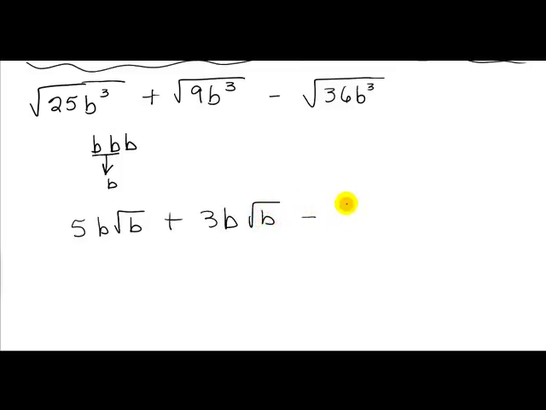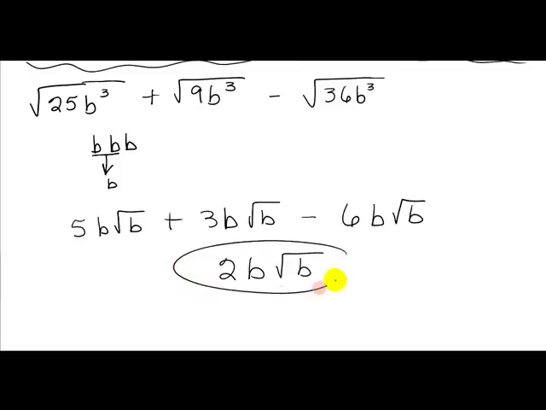The square root of 36, and again, all the b's are the same, so we do have like terms. So we can add all this together. 5 plus 3 is 8, and 8 minus 6 is 2b times the square root of b.